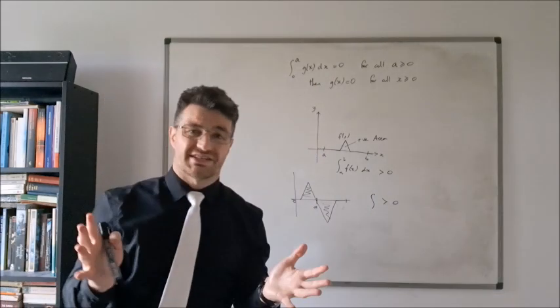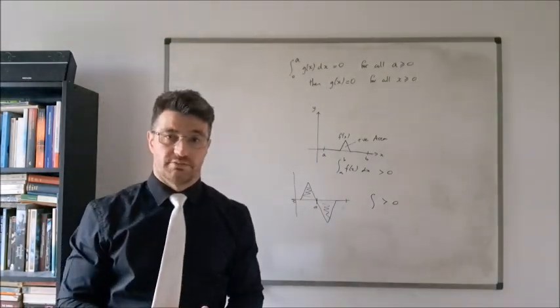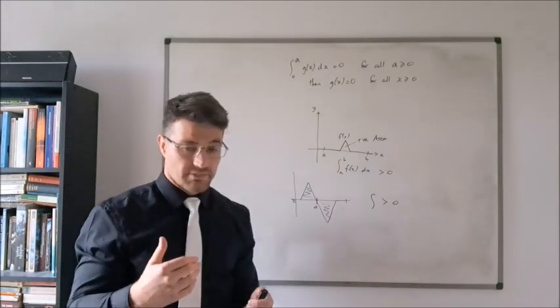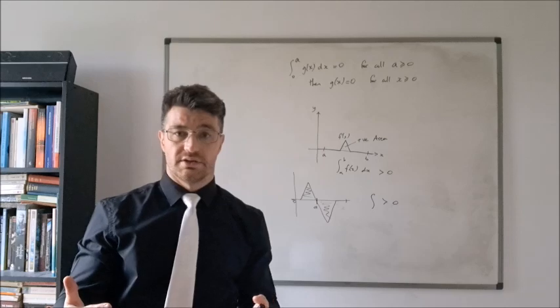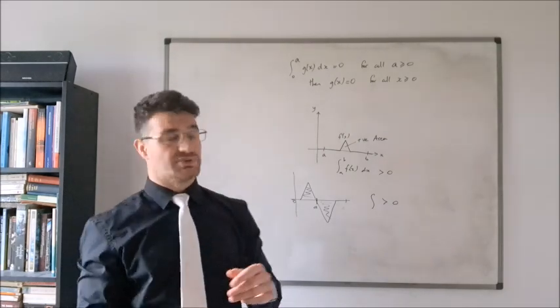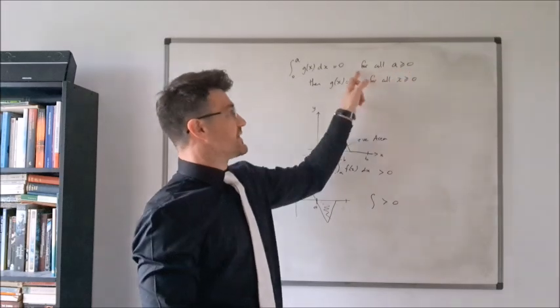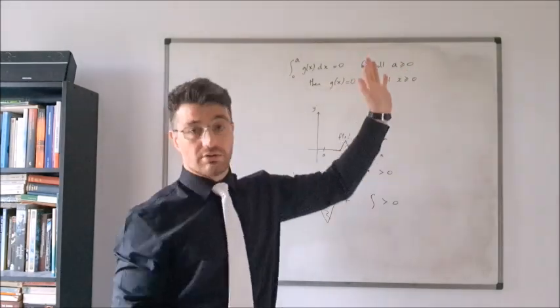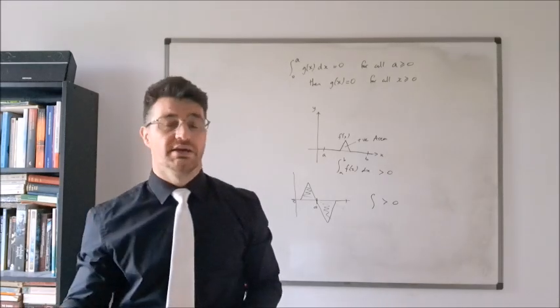Now, how would you explain this in your exam? You don't need to be word perfect with this, by the way. You just need to demonstrate that you've got the main idea, that you understand how continuous functions work, and that you understand the significance of this having to be true for all a greater than or equal to 0. I'm not going to tell you exactly how to write it.